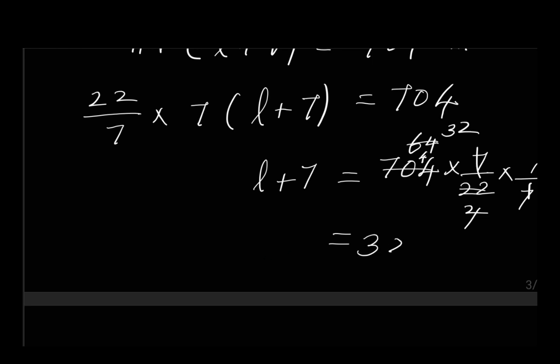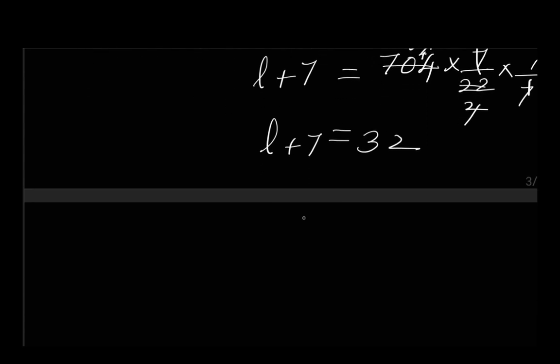So L plus 7 is equal to 32, so L is equal to 32 minus 7, which is 25.